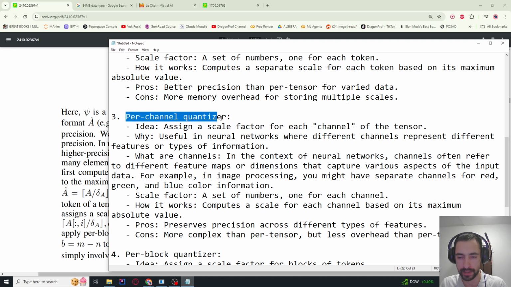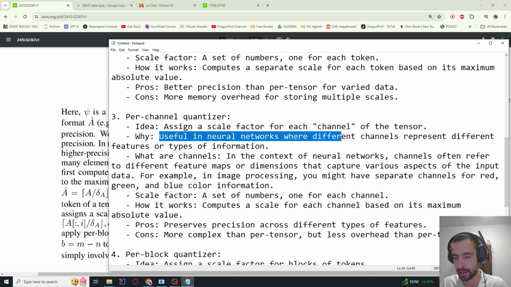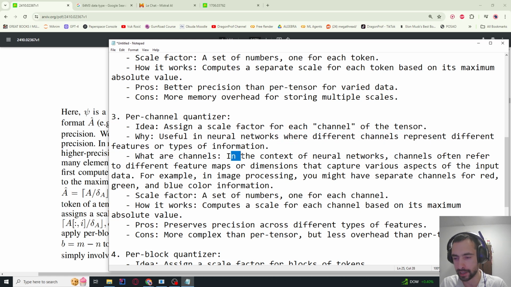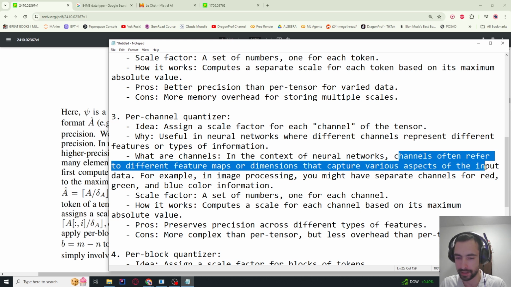Per channel quantizer: assign a scale factor for each channel of the tensor. Useful in neural networks where different channels represent different features or types of information. What are channels? In the context of neural networks, channels often refer to different feature maps or dimensions that capture various aspects of the input data.